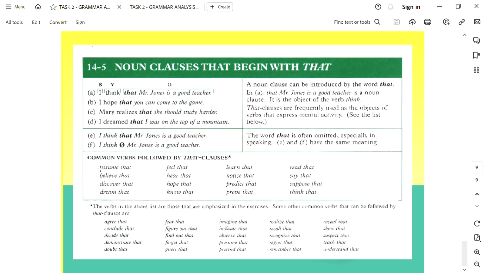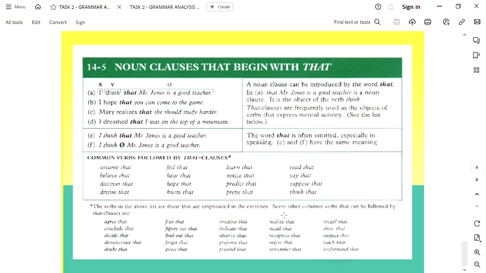And here is the list of common verbs followed by that clauses. There are around 16 words, and the verbs in the above list are those that are emphasized in the exercise.